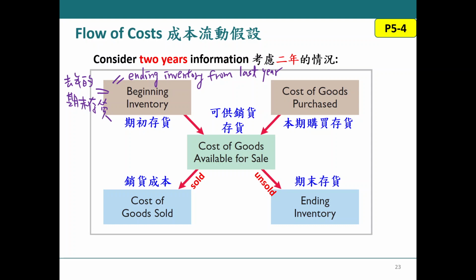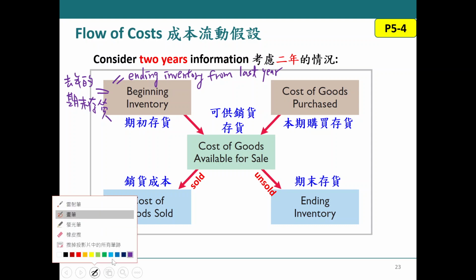Okay. So last year, I still had some units unsold, but it's usually not enough for you to do business this year. So you will decide to buy more inventory this year, which is cost of goods purchased. Cost of goods purchased means the inventory you purchase this year.